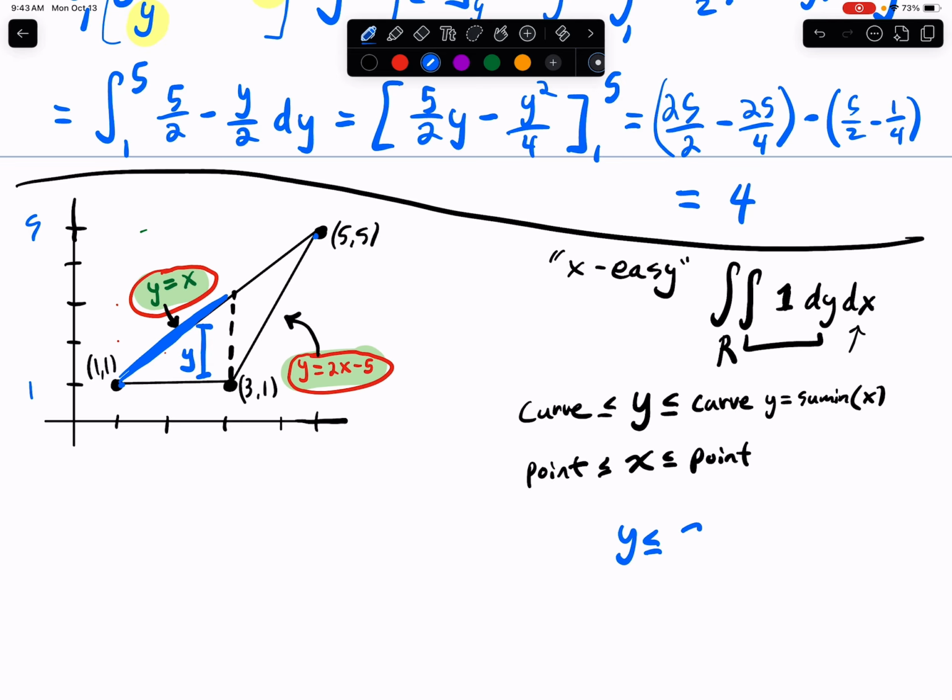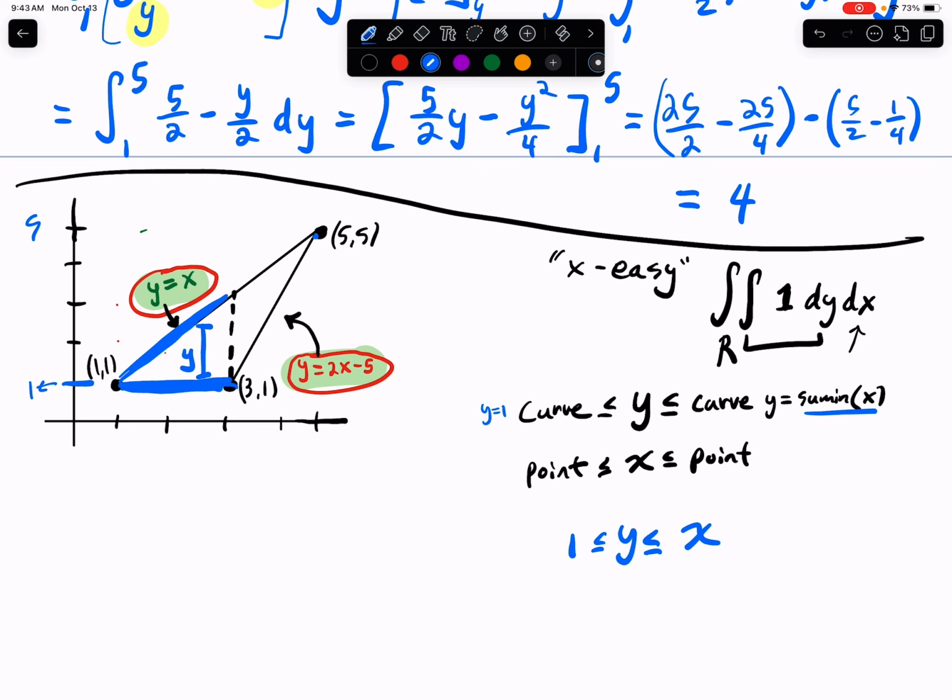So something in terms of x, that's x. What is the smallest the y value ever gets? The smallest the y value ever gets is 1. Okay? So this is the function y equals 1. It's always 1. This horizontal line is a constant function here. So y is stuck between those two values.